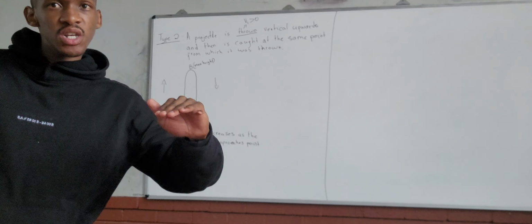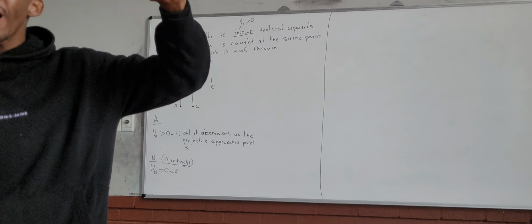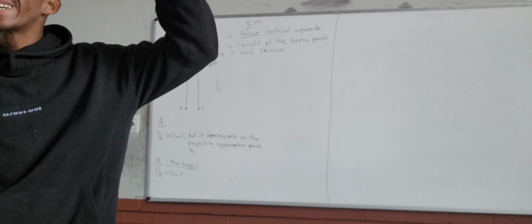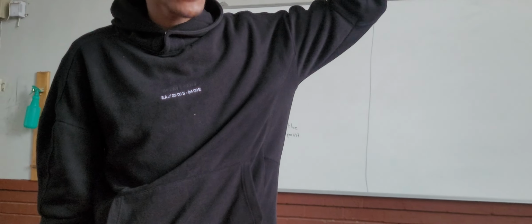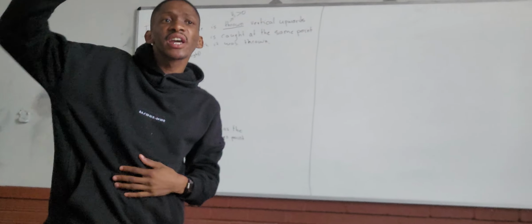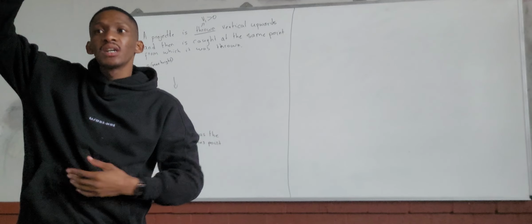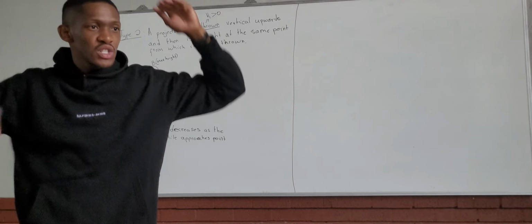Because when the object was going upwards, remember, its velocity was decreasing at a constant 9.8 meters per second. And then when it reaches point B, which is our maximum height, it will have a velocity of 0.